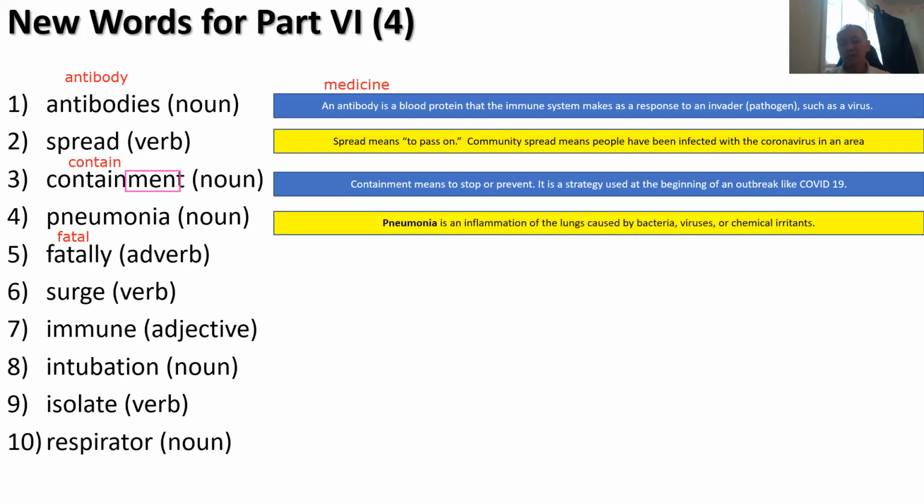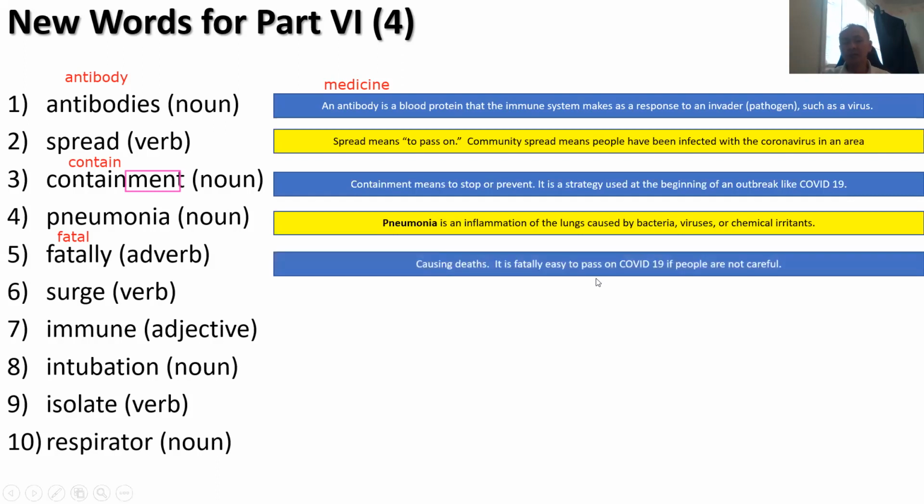Pneumonia is an illness caused by a virus or a bacteria or some irritants that can make people sick. So pneumonia is associated with coronavirus, especially for people who are extremely older. These are the people who are prone to catch COVID because pneumonia has a virus that can cause people to become extremely ill.